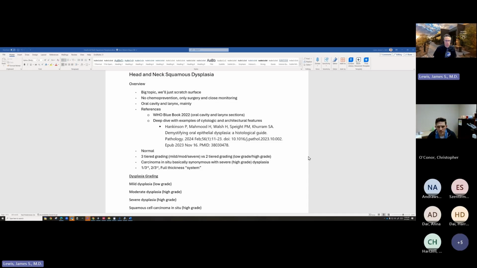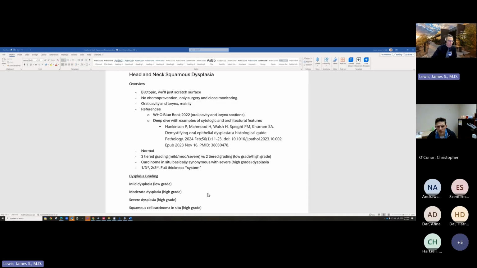Logically it makes more sense to have something in the middle because I think that's the truth of it. Pushing the middle category into low or high grade all the time gives you more interobserver variability, and I'm not sure it's clarifying risk of those lesions for the patients and doctors who are trying to manage them.